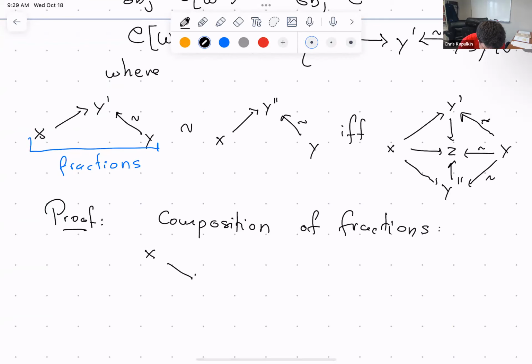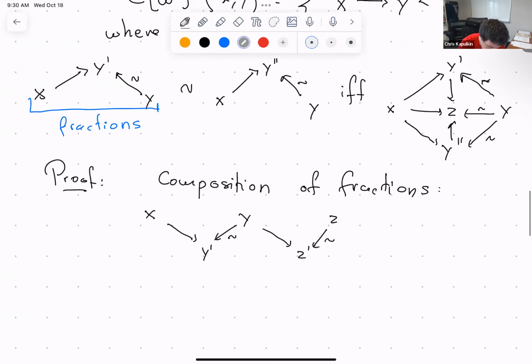So if you have a fraction from x to y, which is given by, let's say, y prime in the middle here, and then from y to z, which is given by z prime over here, well, I can use condition 2 to swap these things and get a new map there. This came to me from condition 2, and now this composite will be a weak equivalence by condition 1.